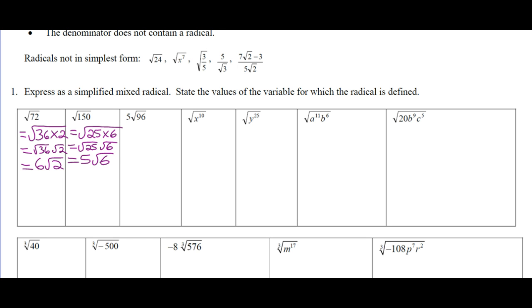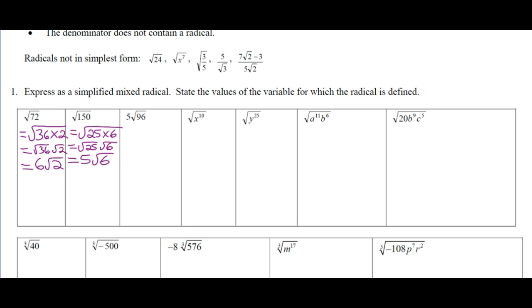5 times the root of 96. What's the largest perfect square that goes into 96? Okay, so 4 goes in. But if 4 goes in, here's what you have to look for. With square roots, if 4 goes in, maybe 16 goes in, because 4 goes into 16 as well. Maybe 64 goes in. It doesn't, but maybe it does.